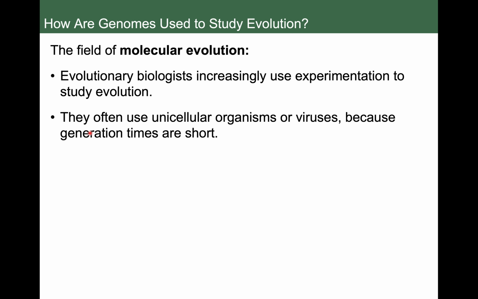In particular, this is going to be using single-celled organisms or viruses that have very short generation times. So biologists could actually induce mutations and observe not only the evolution of these populations of single-celled organisms or viruses, but observe the evolution of the genes themselves.